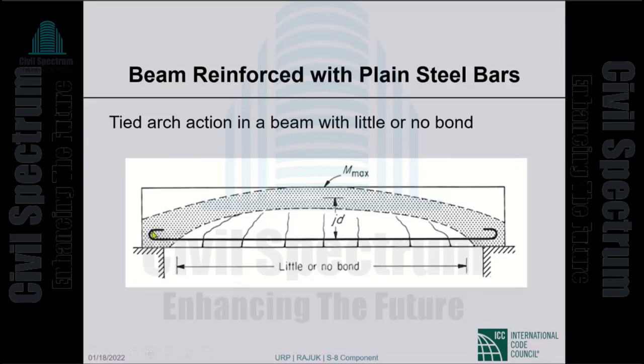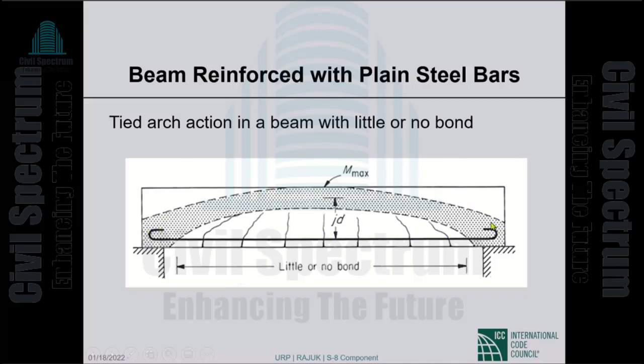However, if you hook the ends of the bar, then the beam does not have to fail when bond fails, because the beam then will or can act as a tied arch. The shaded portions are concrete in compression, and that forms an arch inside the beam.